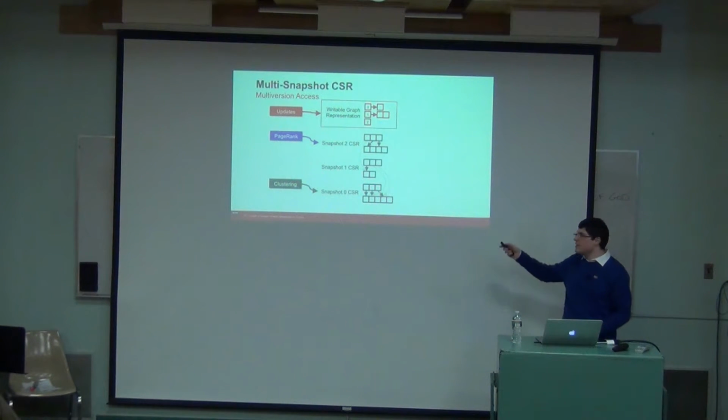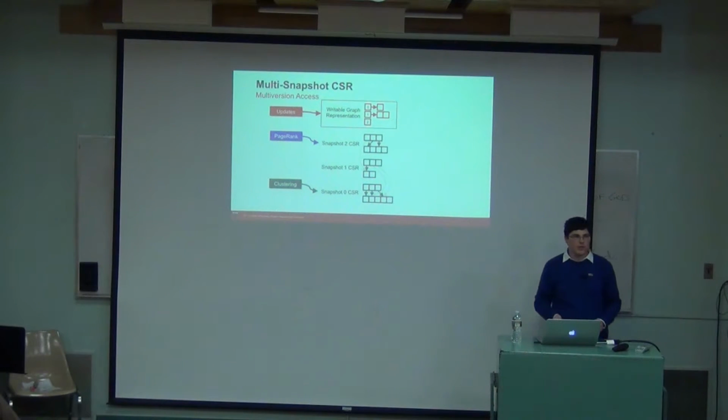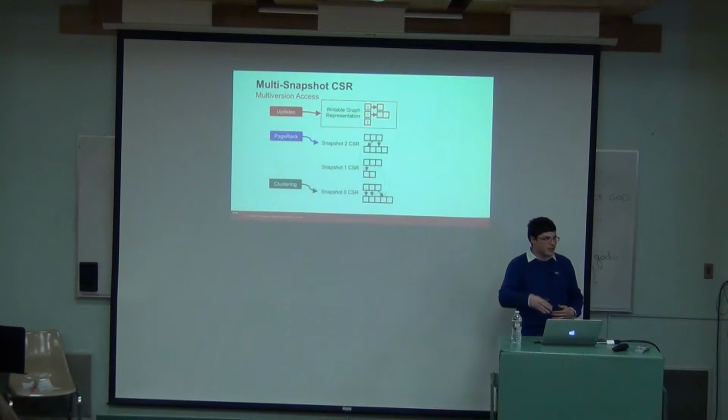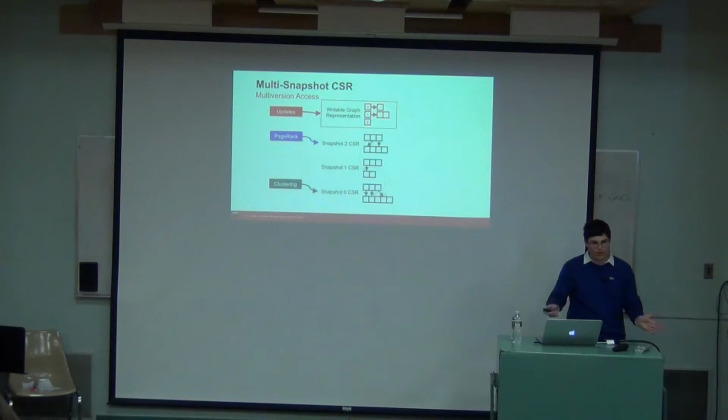But if you actually did this, with one vertex table per snapshot, you would run out of memory pretty quickly. For the Twitter graph, which just says who follows whom, its vertex table is about 1 gigabyte. So if you do this every minute or so, you get 1 gigabyte per minute. You'll quickly eat up your memory. So we're not going to do that.